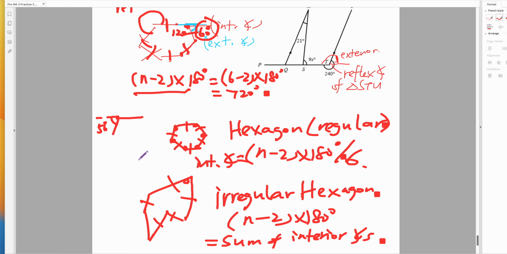Because you cannot have a 7.2 sided polygon. So use the same reasoning as just now. n must be a whole number, or an integer, a positive integer. Make sense?